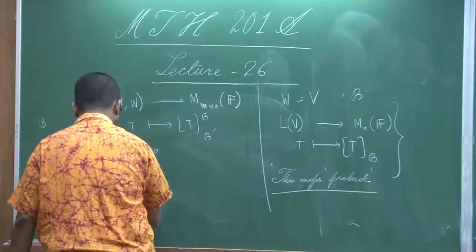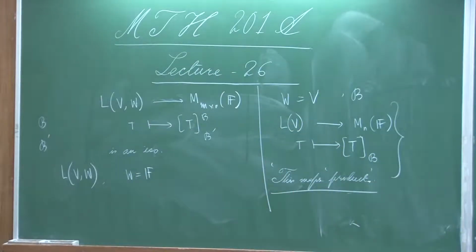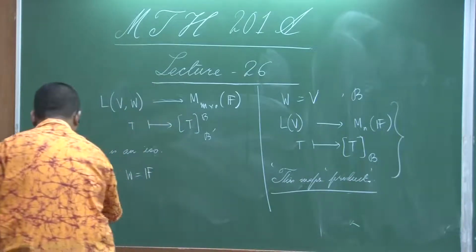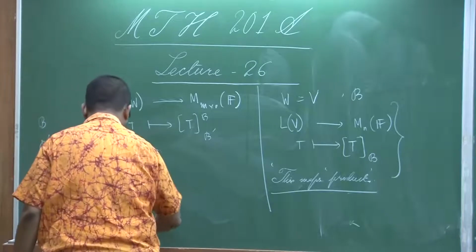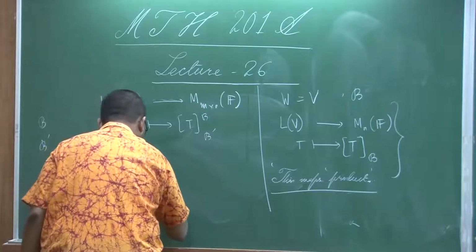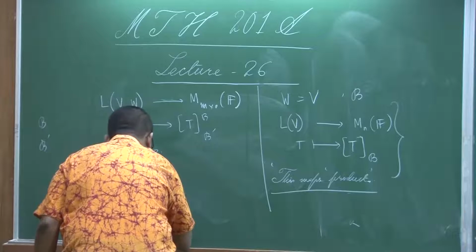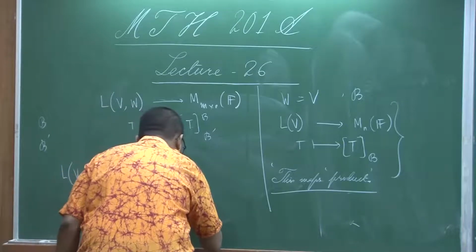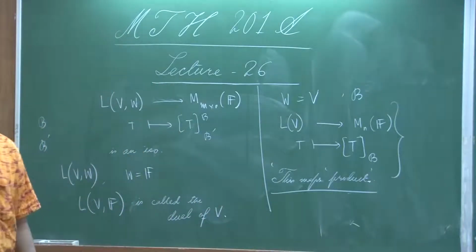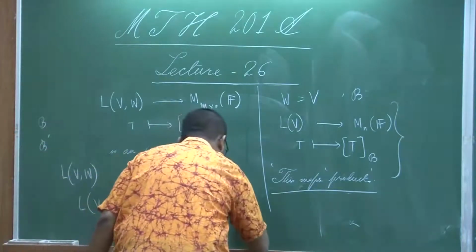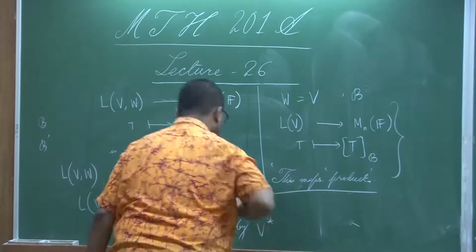Now, specialize this when W equals F. The set of all linear maps from V to F is called the dual of V, and we denote it by V star.